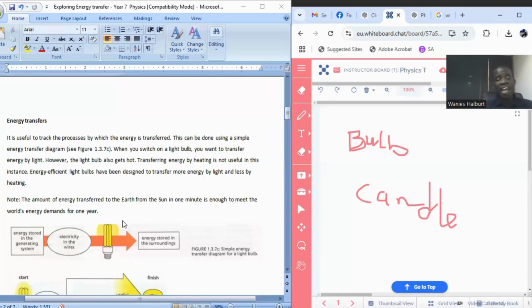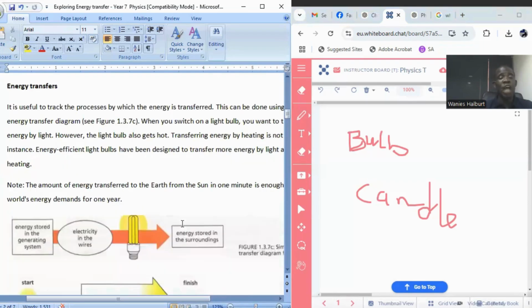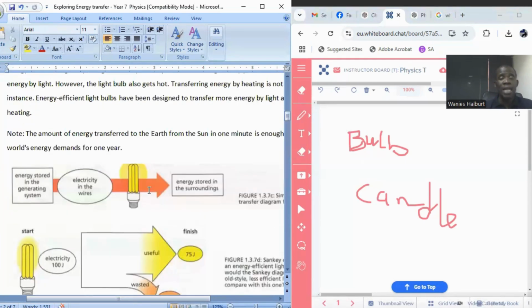And so there is a diagram that shows how energy is transferred, the percentage of the useful energy and the percentage of the wasted energy. Look at this. This is known as an energy transfer diagram. You see, energy stored in the generating set is converted to electricity in the wire, then it lit up the bulb, then energy is stored in the surrounding as heat and light.